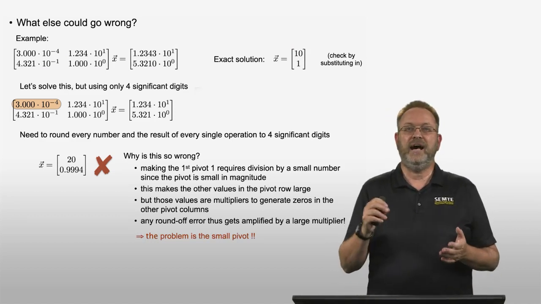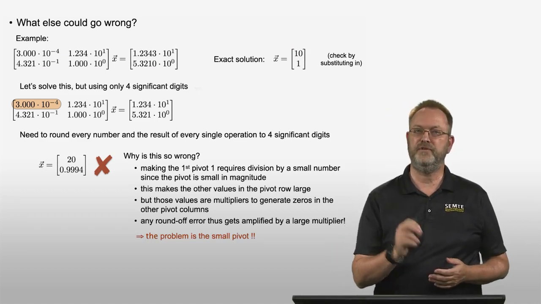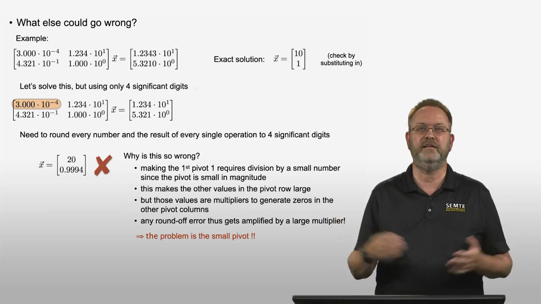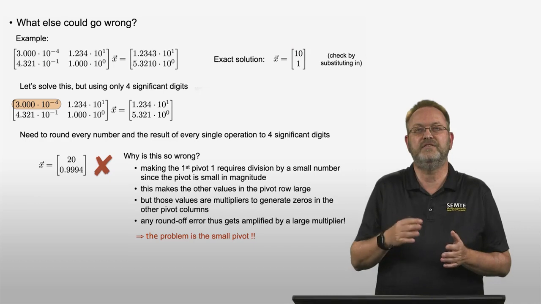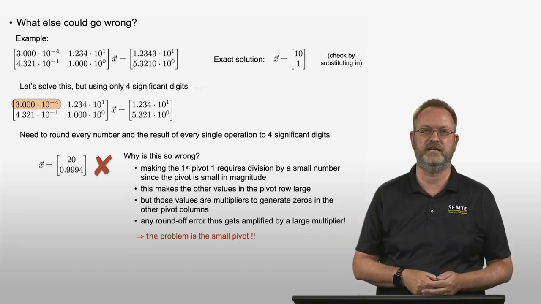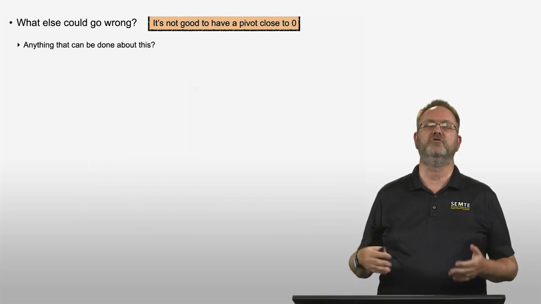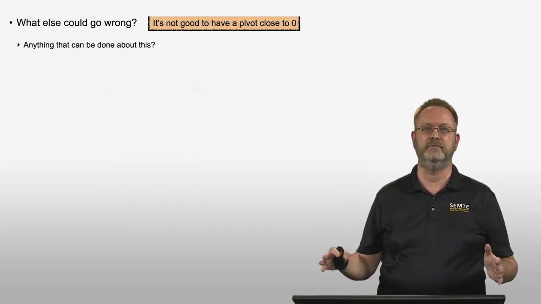So the underlying culprit of this very wrong result is that small pivot that we used. That is the start of the entire problem. So we should try to avoid having small pivots altogether.